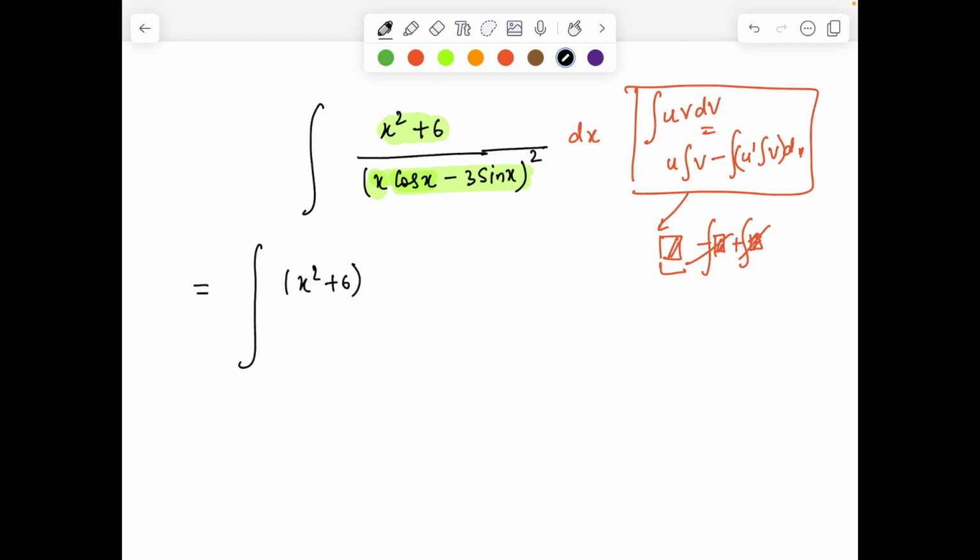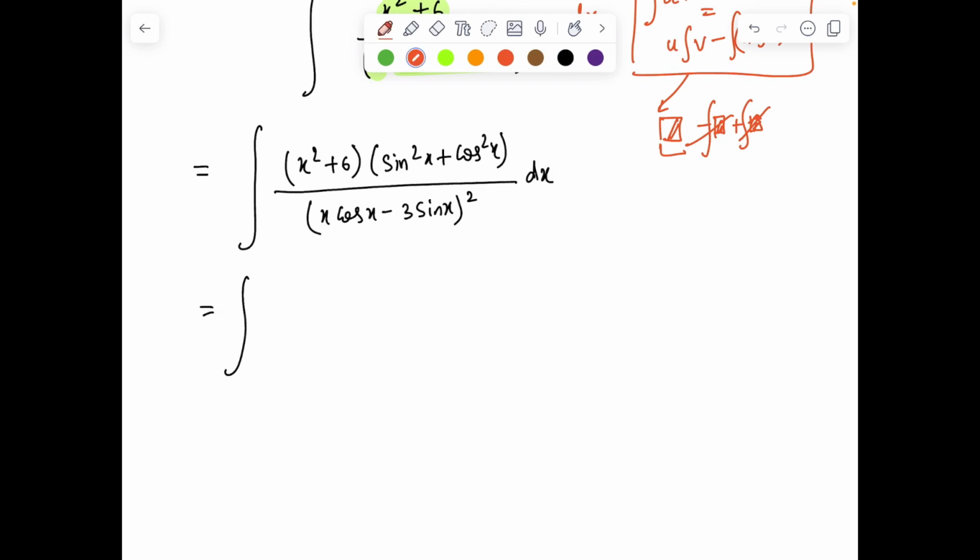To bring trigonometry into the picture, I'll write (x square plus 6) into (sin square x plus cos square x) divided by (x cos x minus 3 sin x) whole square dx.